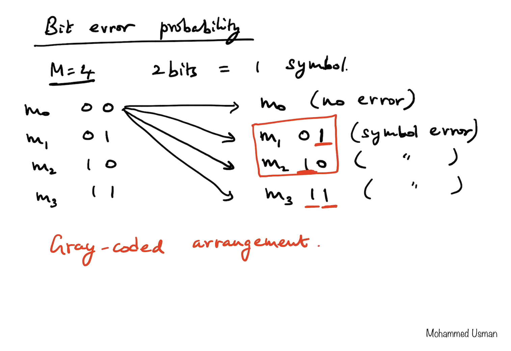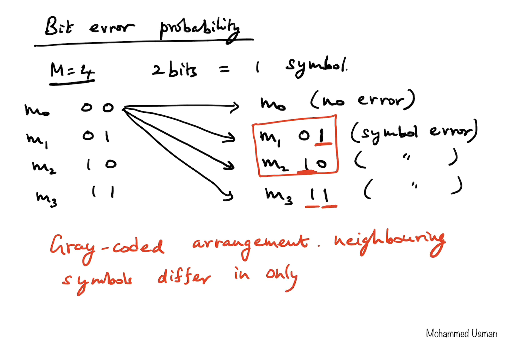So in gray coded arrangement, neighboring symbols differ in only 1 bit position.